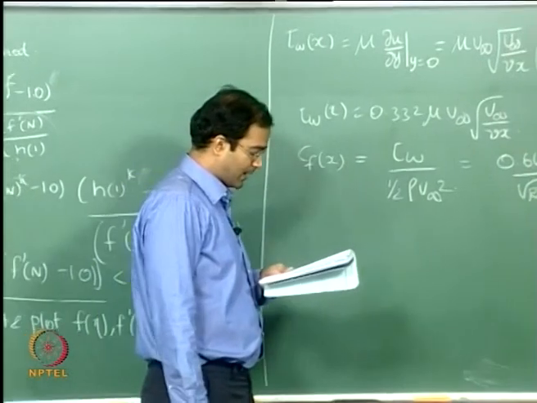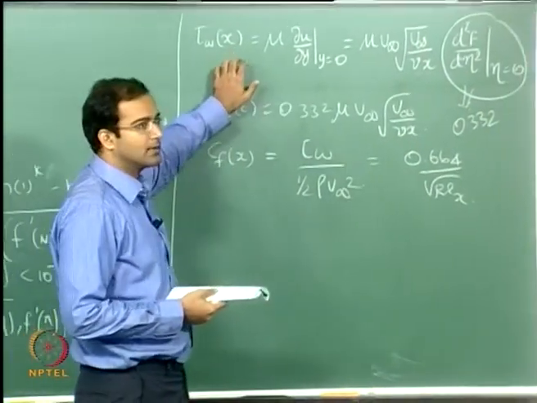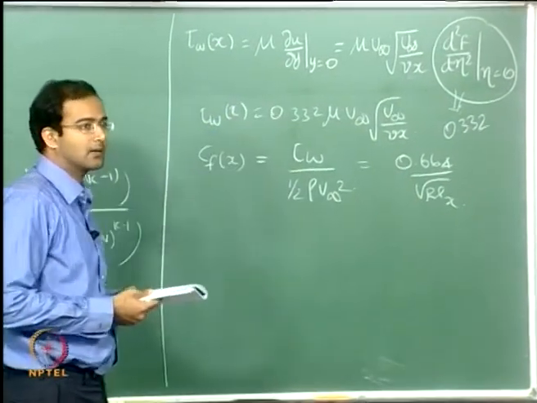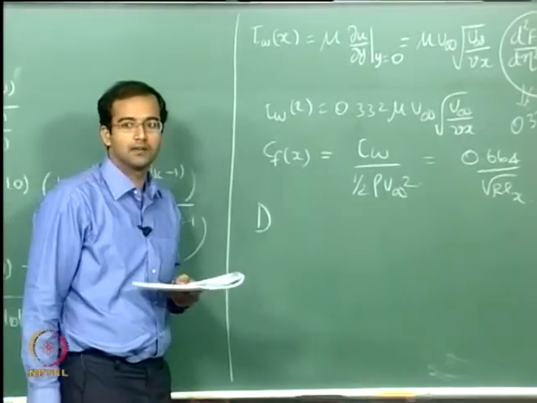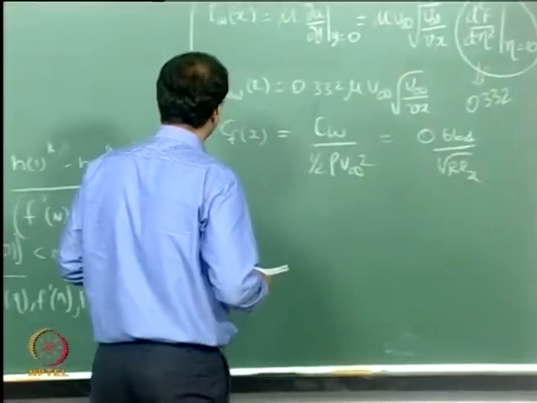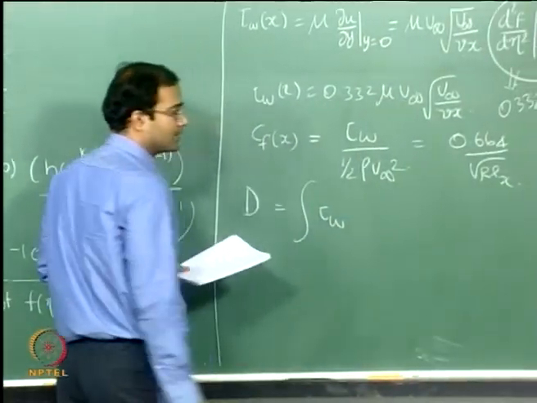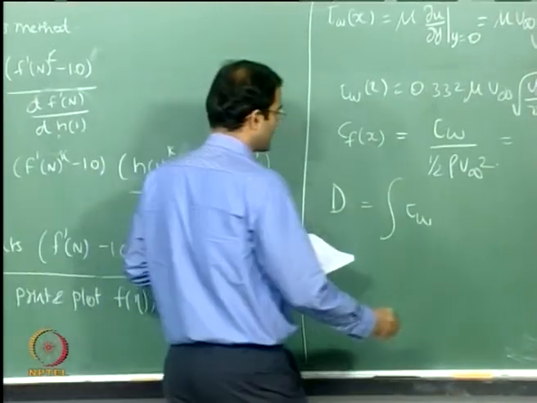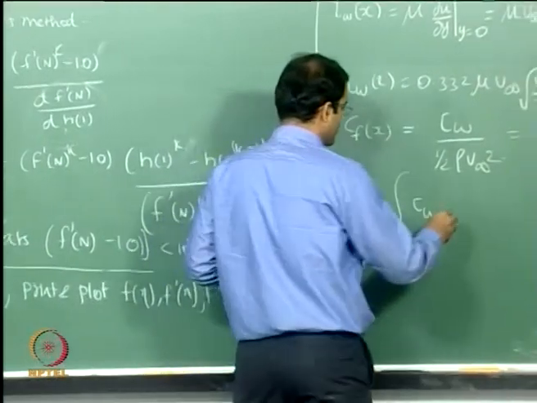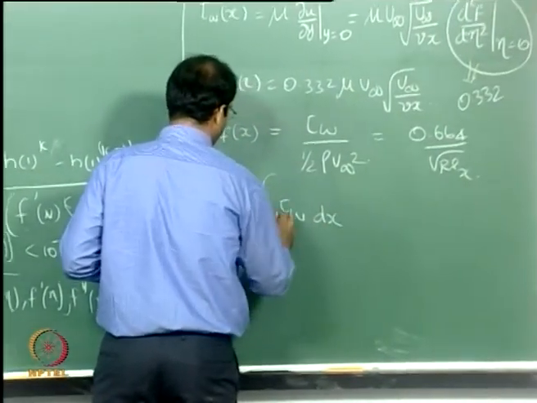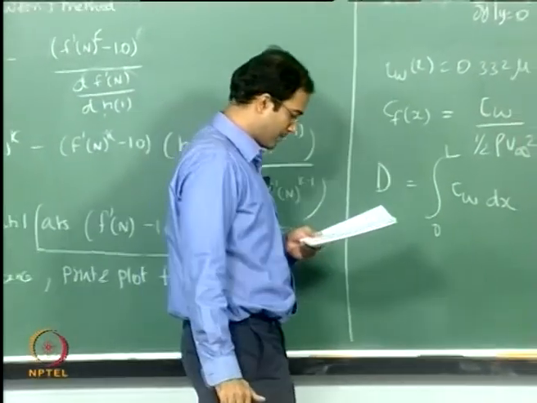You can also now go ahead and calculate the drag force. Once you know the local shear stress, you can calculate the drag force, which is the total force acting on the plate. So how do we calculate the drag force? You are right, you have to integrate it locally over the surface area. Here of course we are assuming unit width in the third direction. So this is the integral of tau dx from 0 to L, which will give me the total drag force on the plate.